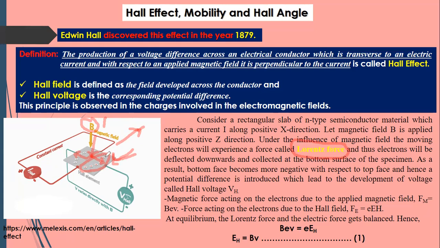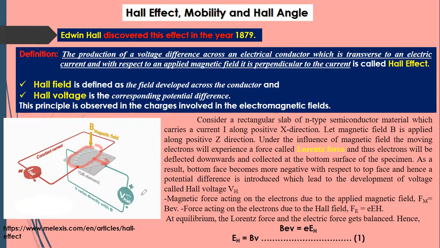And that positive charge appears on the opposite side of the electrons. If suppose the electron charges are located here, then the opposite side is this one, and here the positive charges are located.